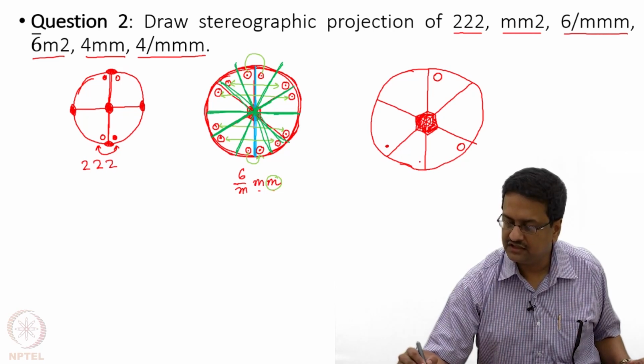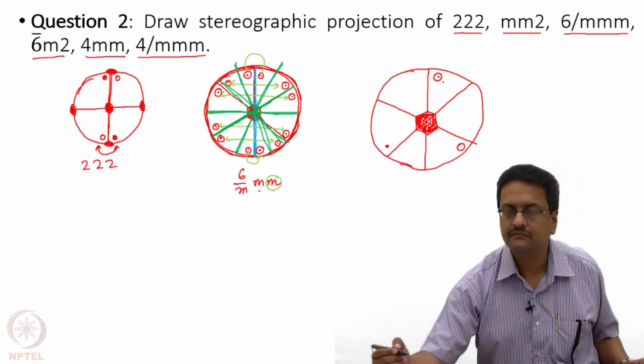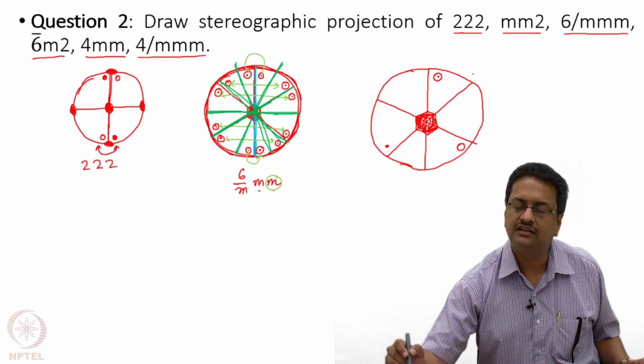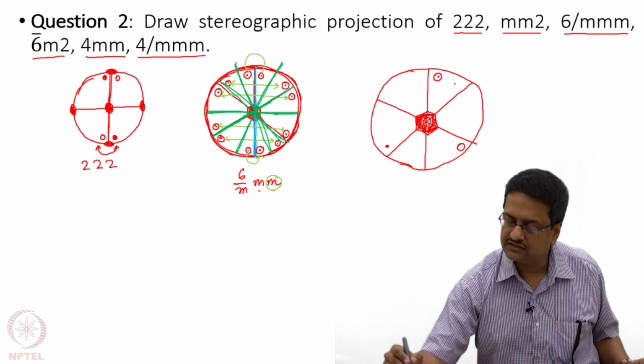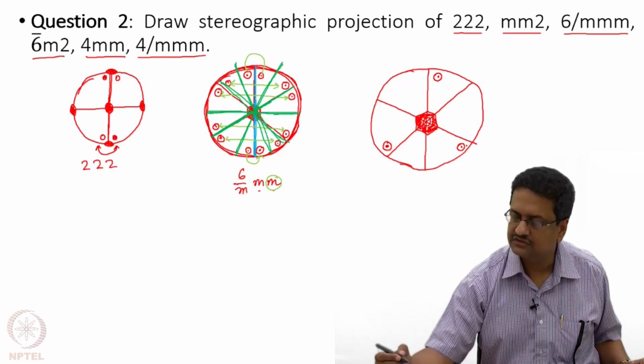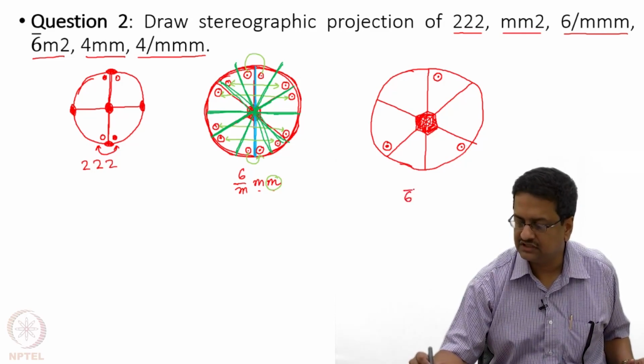Rotate it by 60 degrees, take an inversion, becomes that. Again rotate by 60 degrees, take the inversion, so the closed circle remains a closed circle, then on inversion becomes an open circle, then the open circle rotated by 60 degrees and then inverted becomes the closed circle. So what we have done is now just the 6 bar.